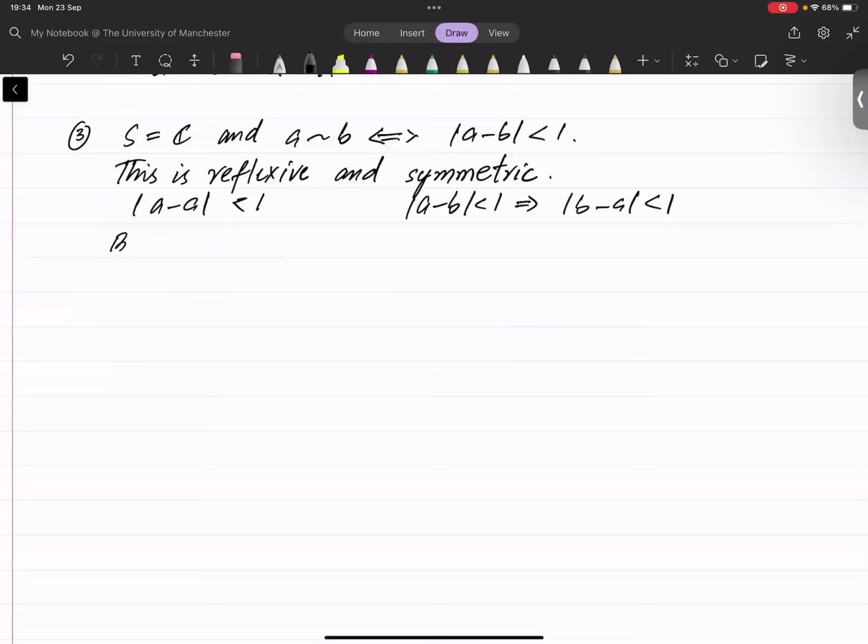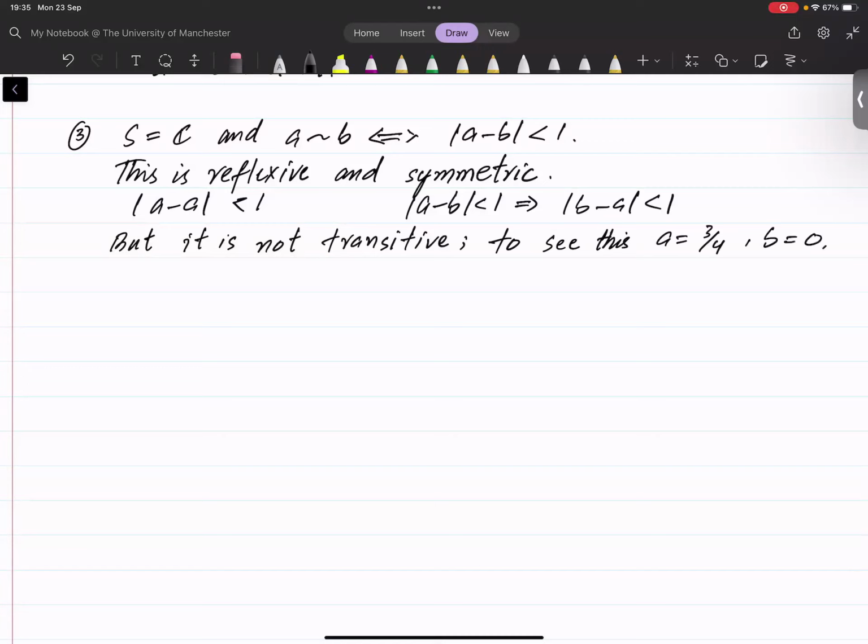But it is not transitive. To see this, let's take A as 3/4, B as 0, and C as minus 3/4.